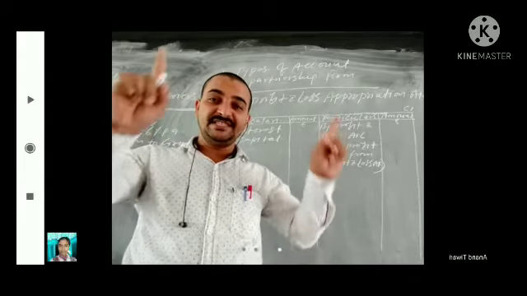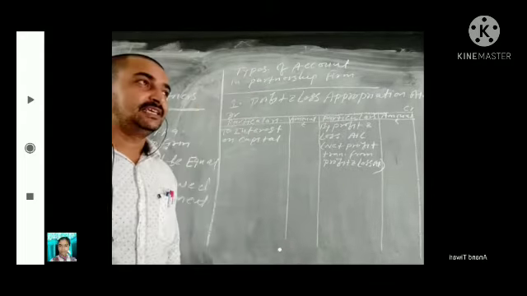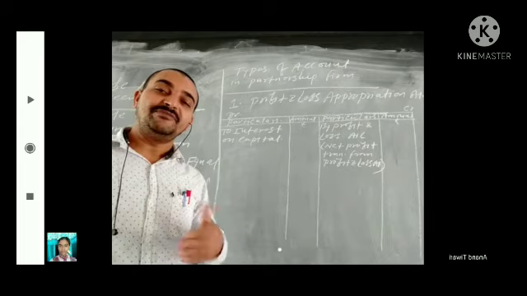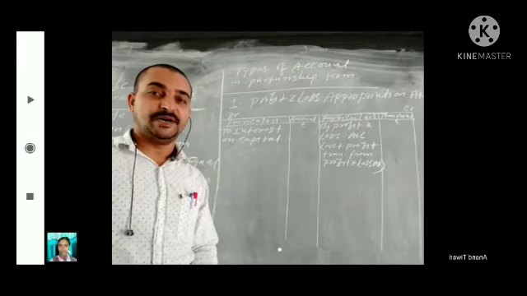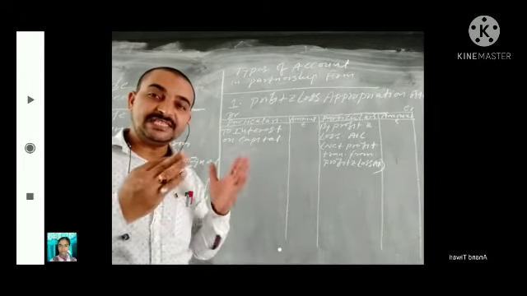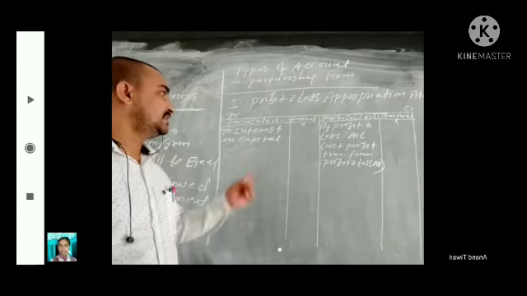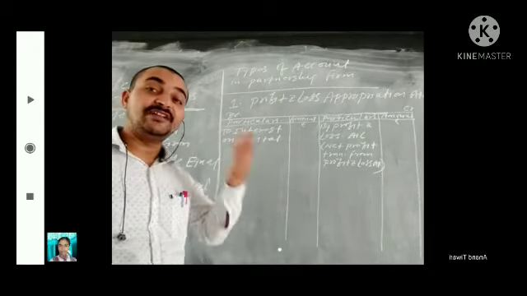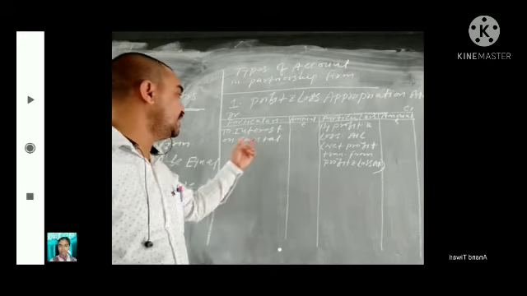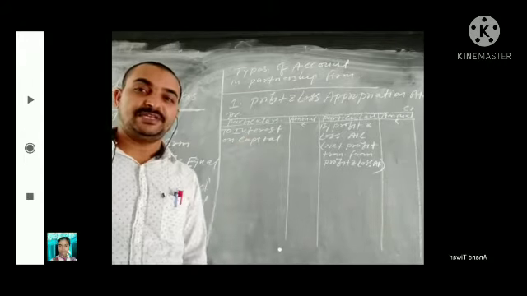In the partnership deed, I had discussed that whatever capital is invested by the partner into the firm, if there is an agreement, then they should get interest on their investment. That is called interest on capital account.